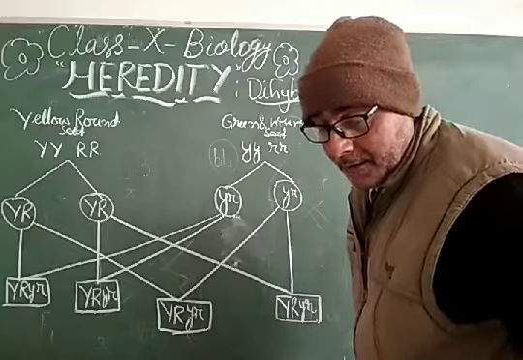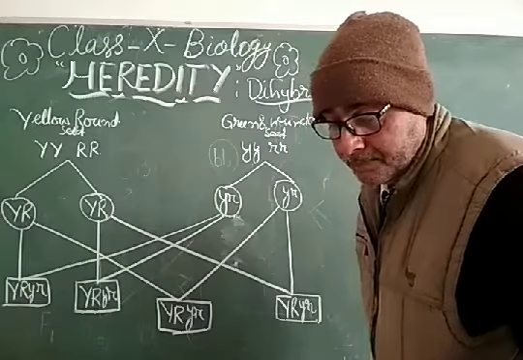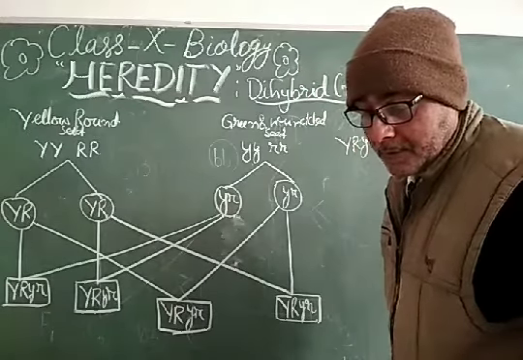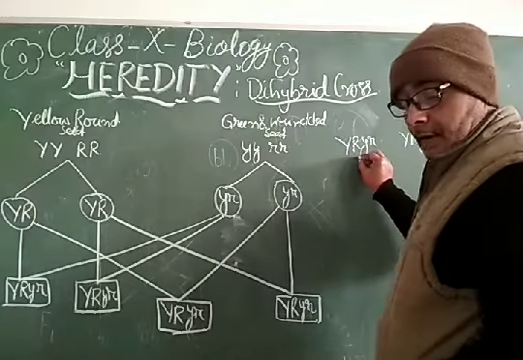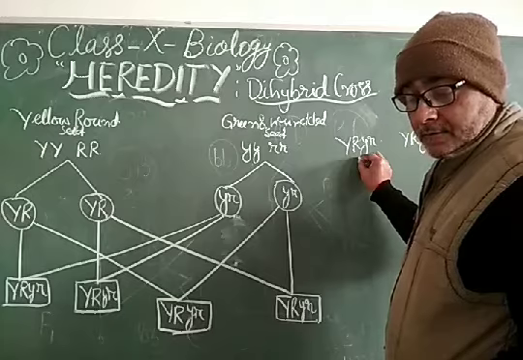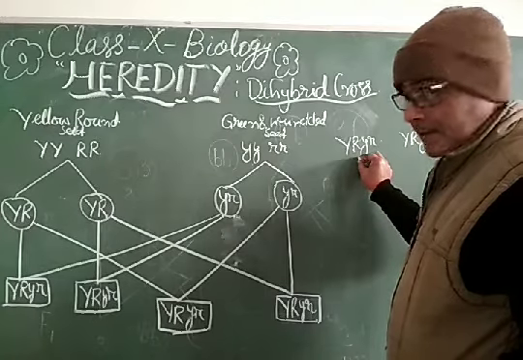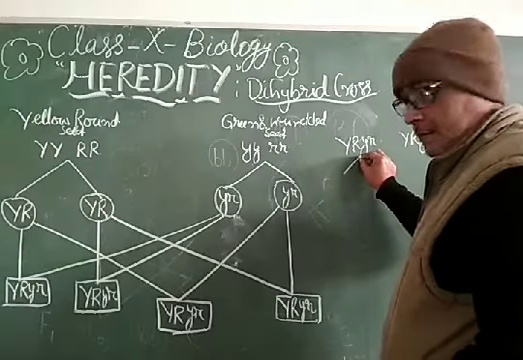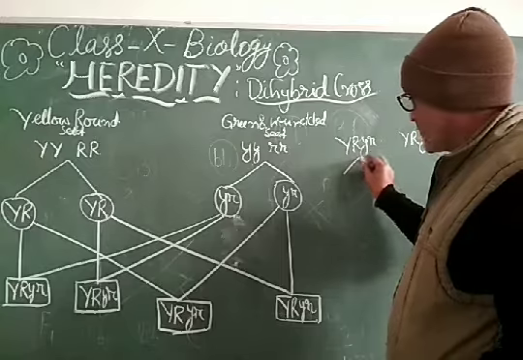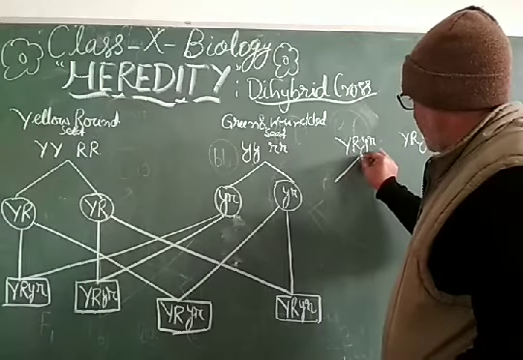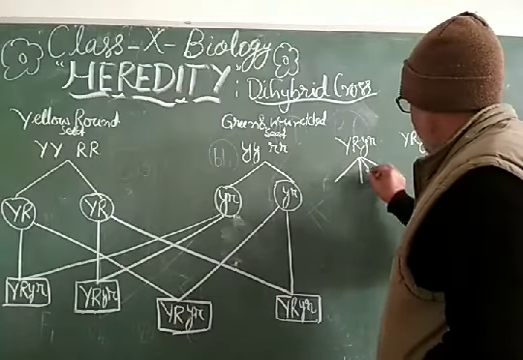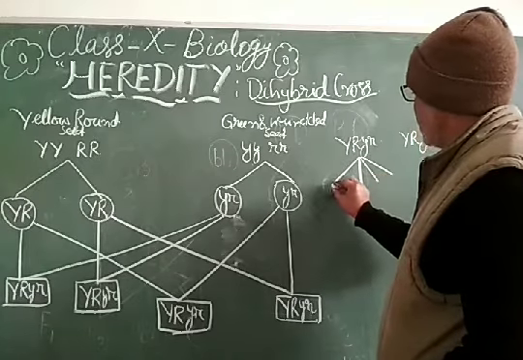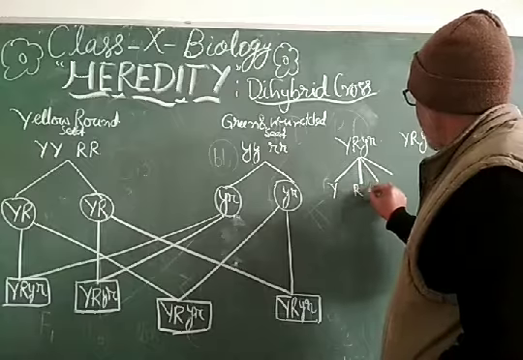Their gametes will be free. Their gametes will be free, by making how the gametogenesis will take place. Here there will be four conditions. And the conditions will be like this: YR.